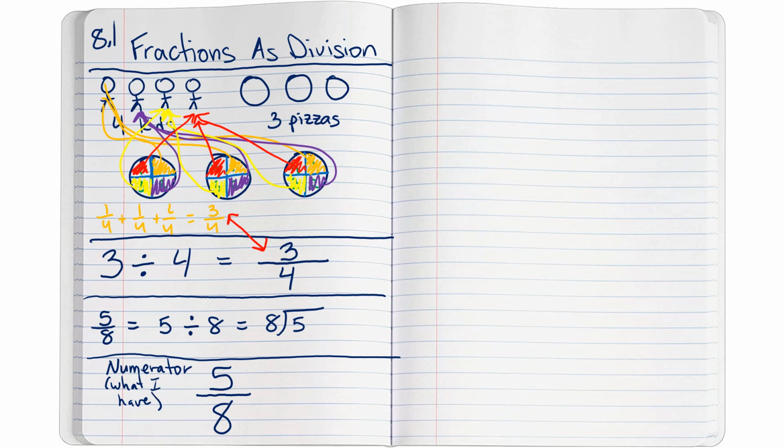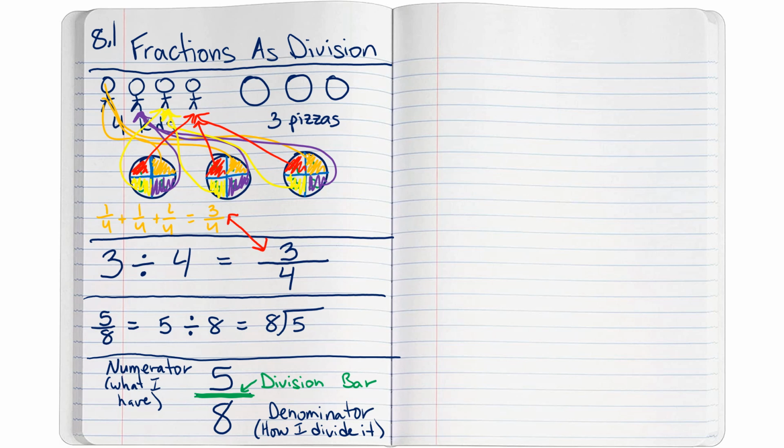And this bottom number, the denominator, really just represents how I split it up or how I divided. And in fact, often this middle spot, this fraction bar, is often called a division bar, because what it really means is division.